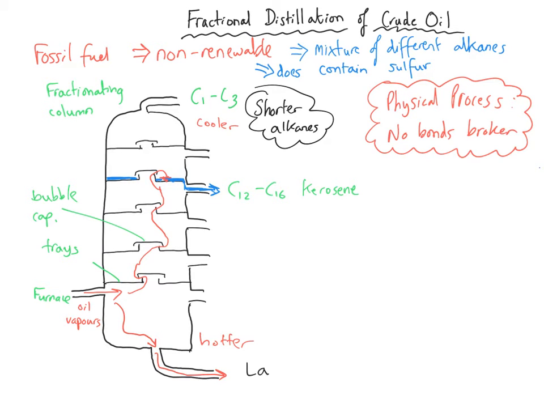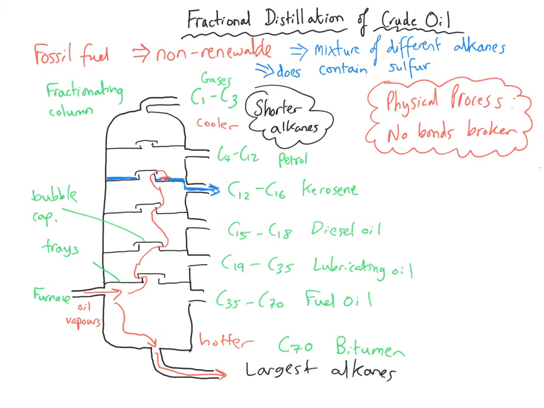So the largest alkanes come out of the fractionating column still as liquids. They never even vaporised. And that fraction, and that's what we call it, a fraction, would be maybe 70 carbon atoms in it. And that's usually called bitumen.